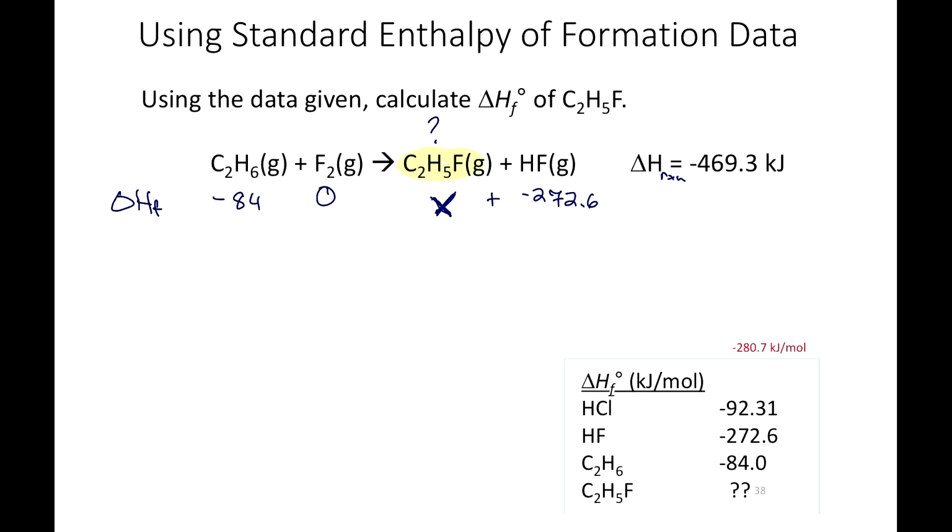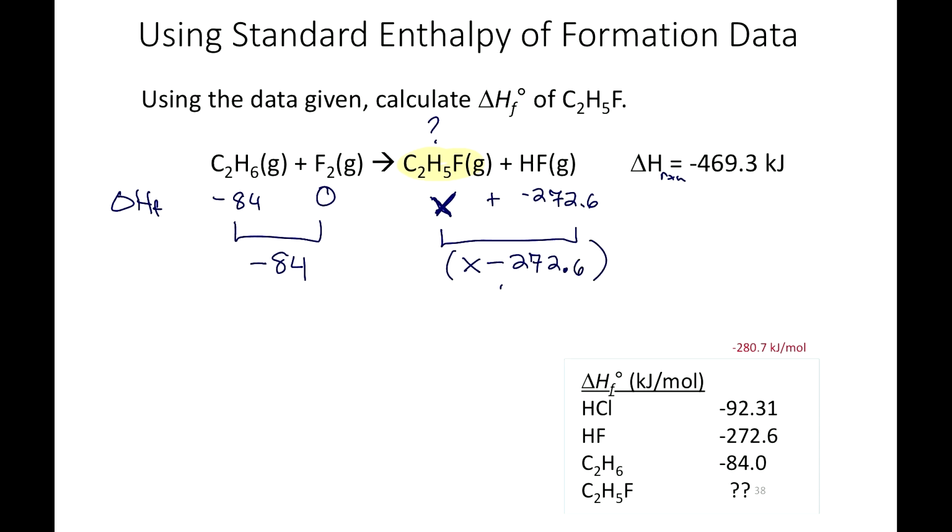All right, so we're going to do the same thing, right? Sum up the formation values of all the reactants and all of the products, and then recognize that the total enthalpy of the reaction is always products minus reactants. So my reactants total is negative 84, and my products are X minus 272.6.